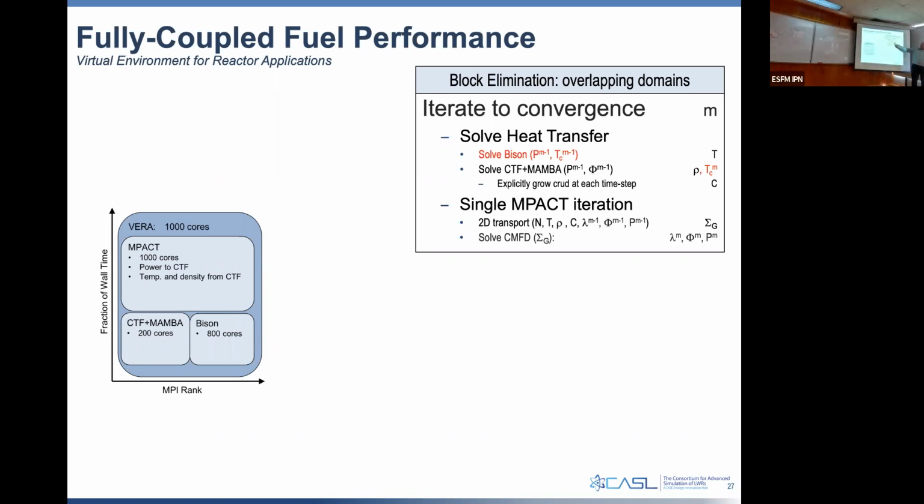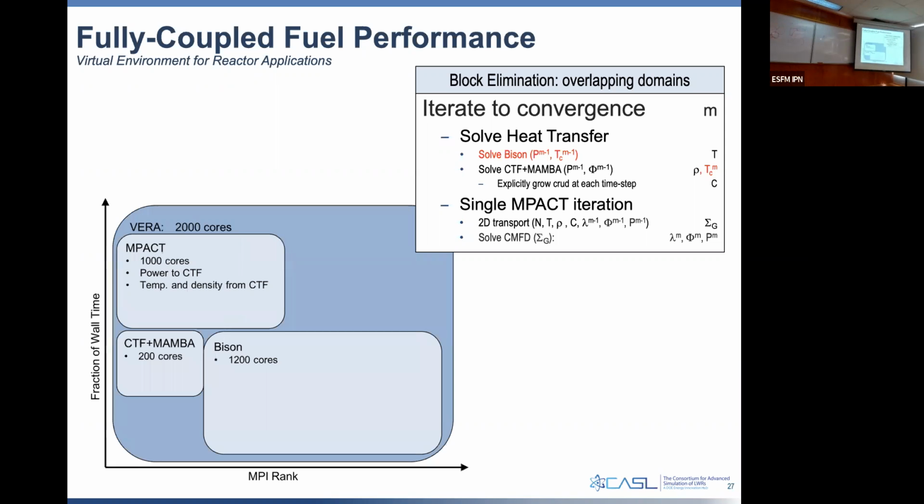So Mamba and CTF don't have to wait for Bison to finish before they get their surface heat flux. We can follow the same process: one impact iteration, solve the heat transfer. We have to lag the cladding surface temperature, so we use the cladding surface temperature from CTF and Mamba from the previous iteration. There's a little bit of error introduced here, but we can iterate this and it can march its way to convergence. And this process does work.